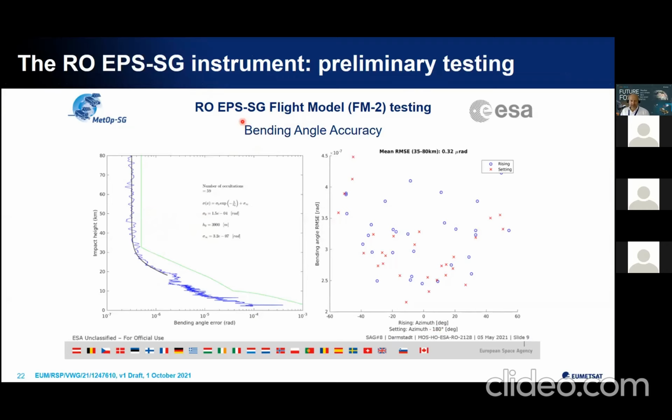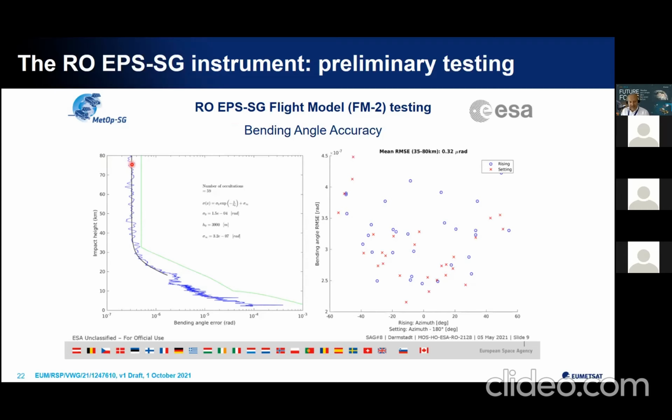This demonstrates the bending angle accuracy capability of the receiver. Here the flight model was fed by simulated occultation data, generated considering a well-defined atmospheric scenario, for which the true bending angles associated to each occultation were also known and available.